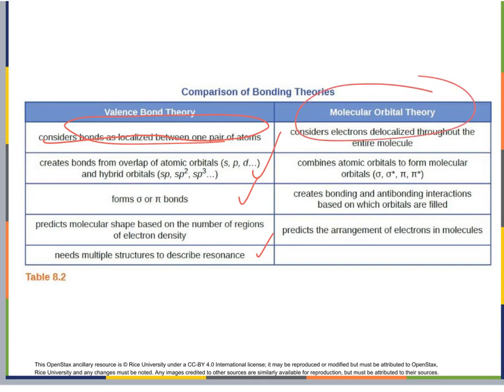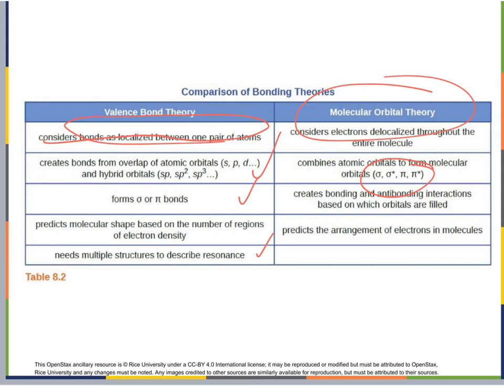But if we move on to this higher level, molecular orbital theory, it talks about delocalized electrons. It's the molecule, and that should make some sense to you guys. It combines atomic orbitals to look at molecular orbitals that are defined as the sigma, sigma star, the pi, and the pi star orbitals.